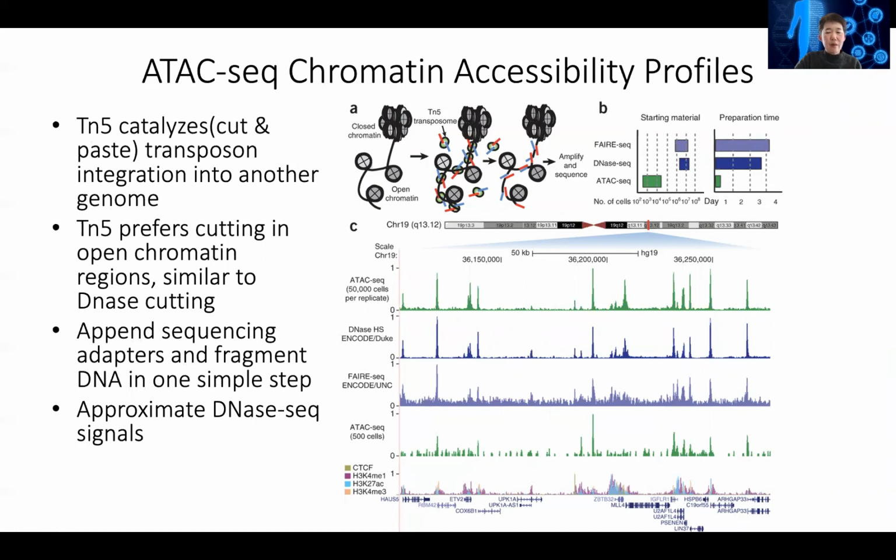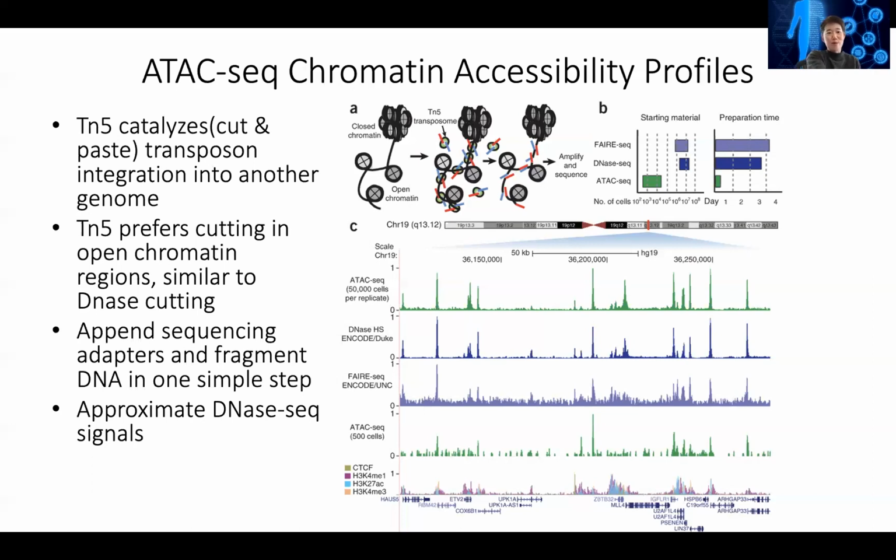This is an enzyme that viruses use to integrate their transposon or genome into another genome. You probably know that some RNA viruses would convert their genome to DNA and then incorporate their genome into the host genome.